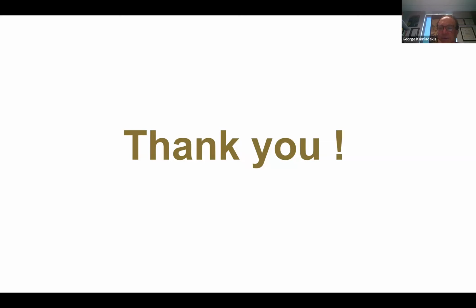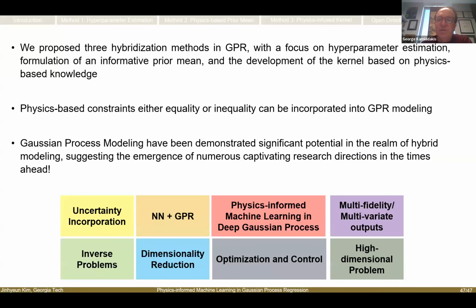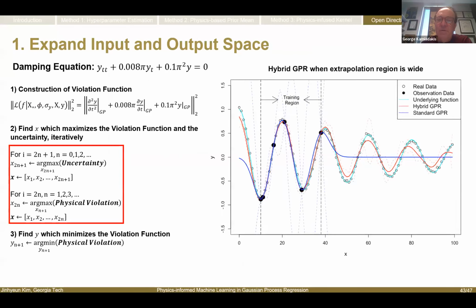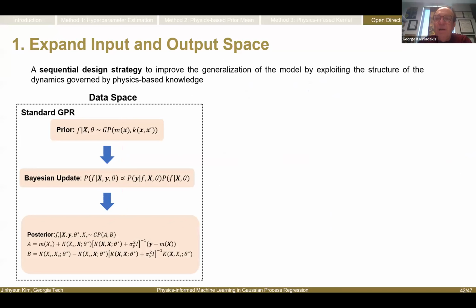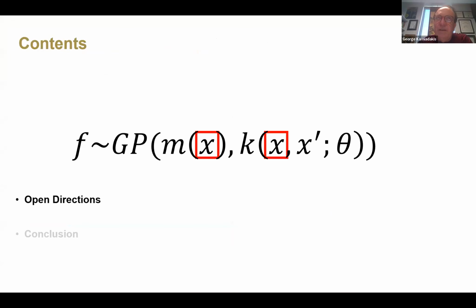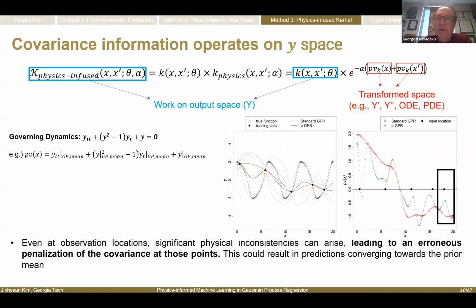Yeah, thank you very much for the talk. It was interesting that you introduced what you call a physics-infused kernel, and it seems to me that's kind of a minimalistic approach to physics, because, for example, we published a paper where we call it NNGP.